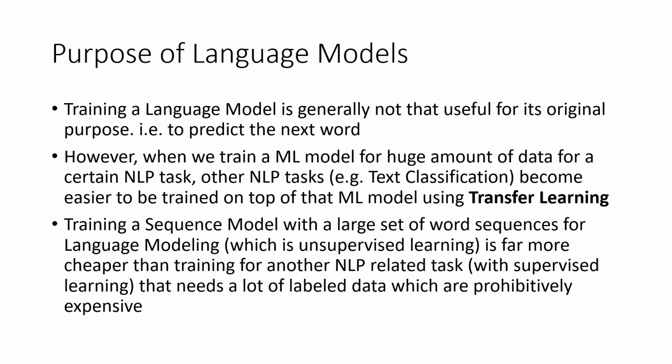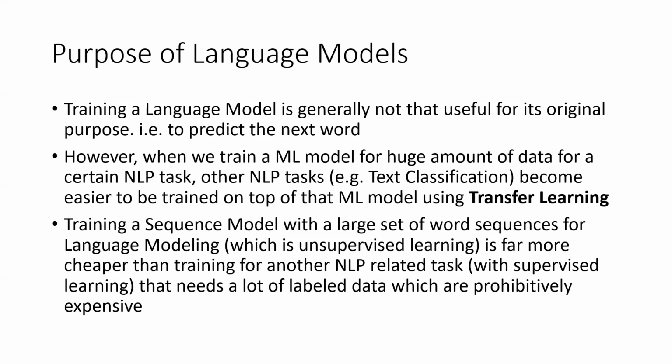So how do you do it? For example, there are several ways to do transfer learning, where you can freeze all the deeper layers and only unfreeze the last one or two layers, and then train those last layers with the machine translation dataset, which is a small supervised learning dataset.